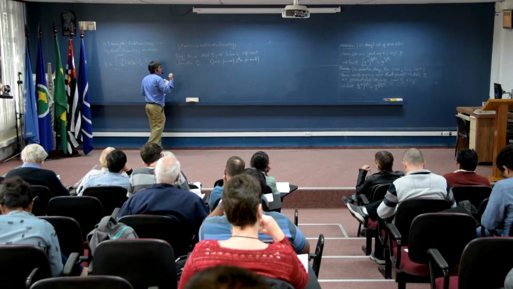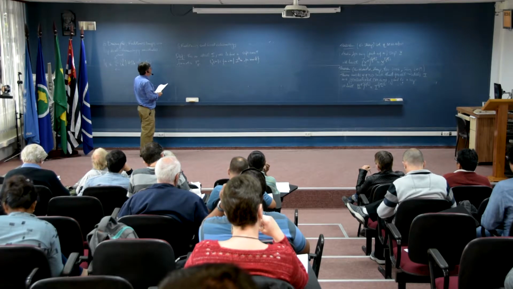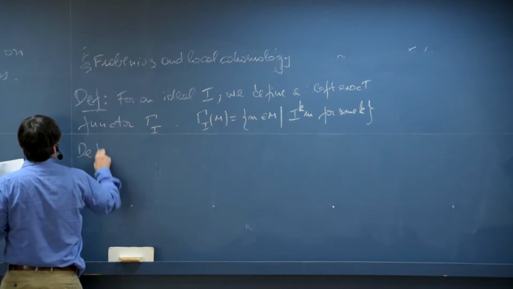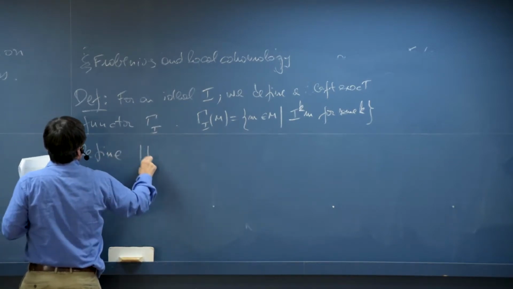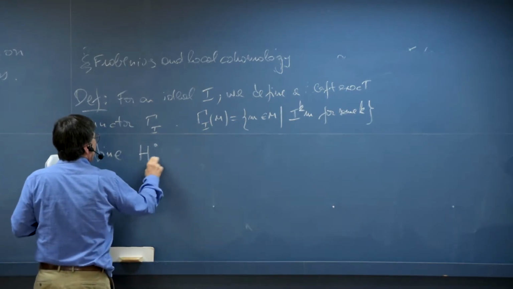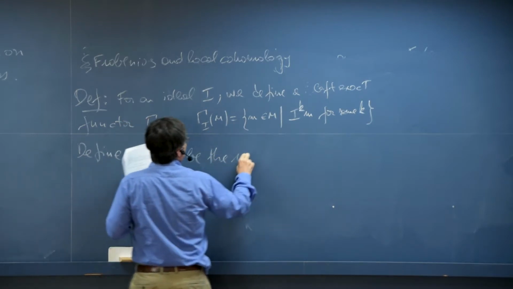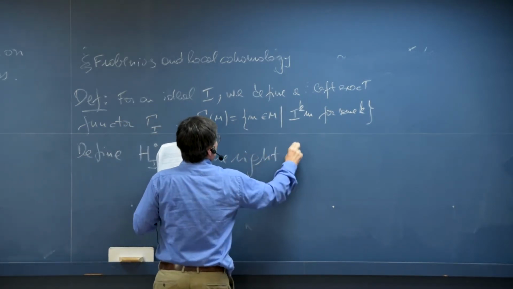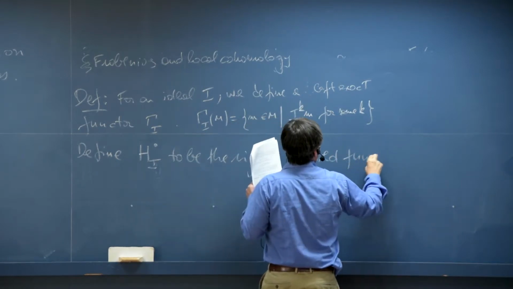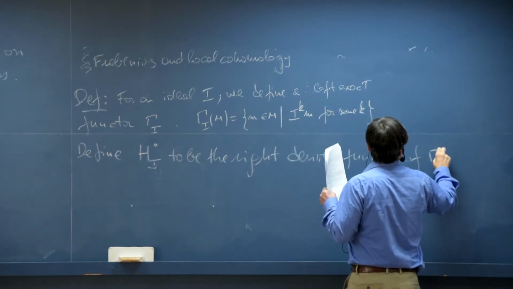And now we can take the right derived functors of the left exact functor gamma and define the ith local cohomology modules with support in I to be the right derived functors of gamma I.